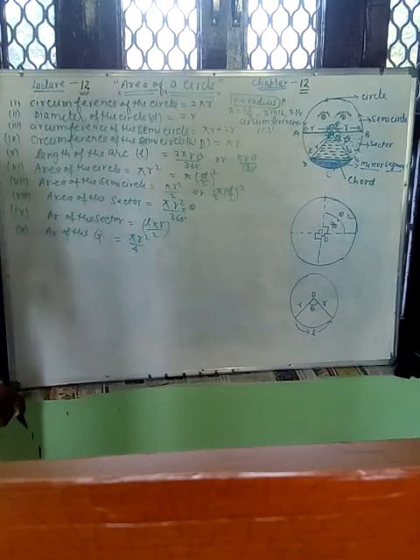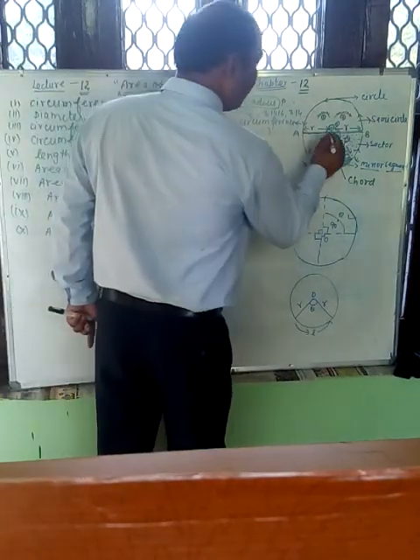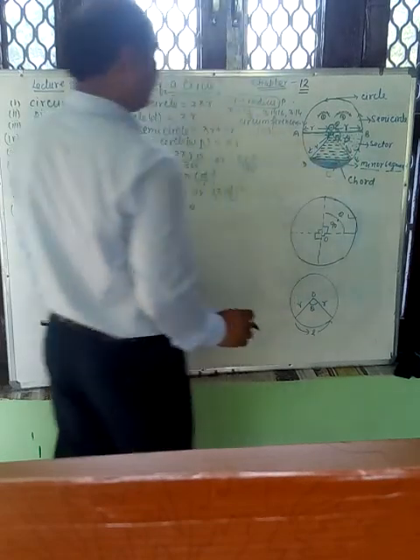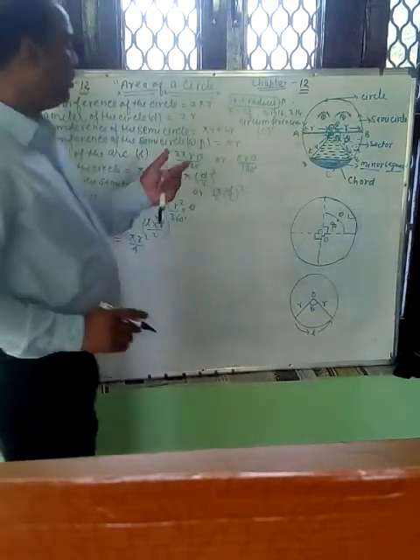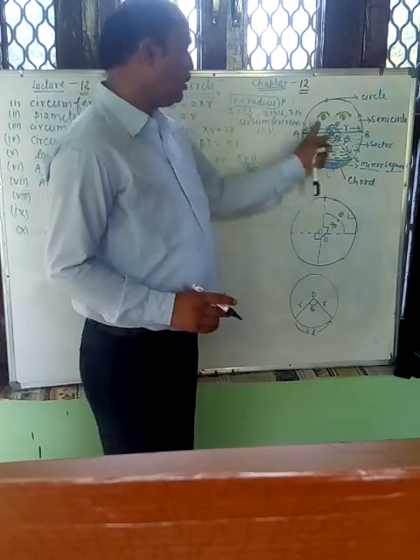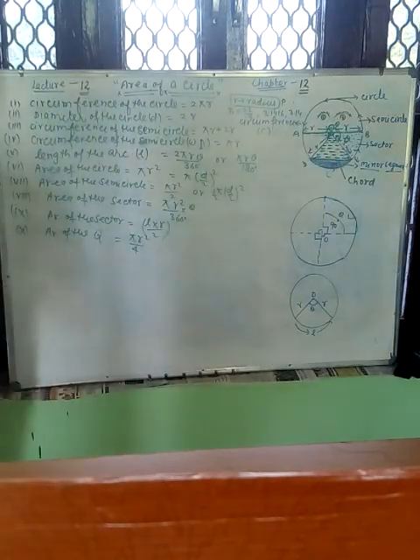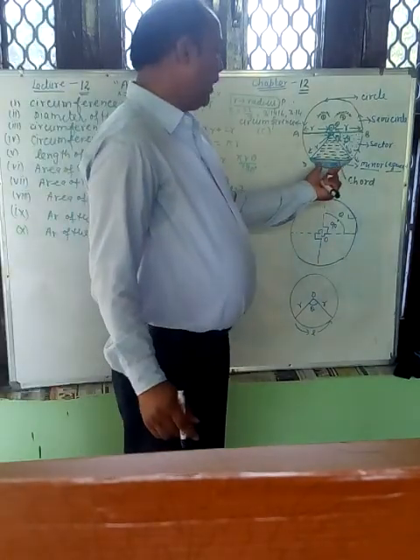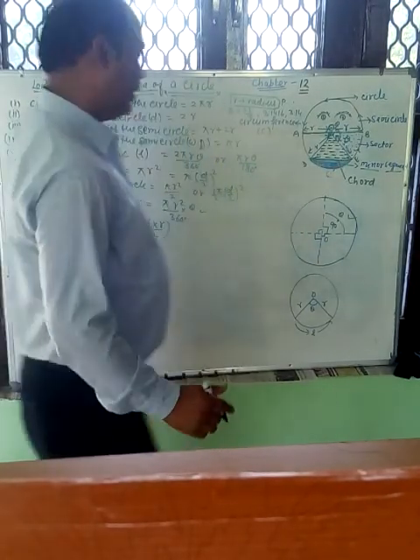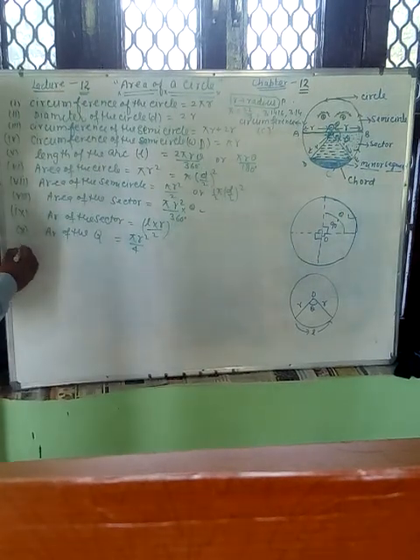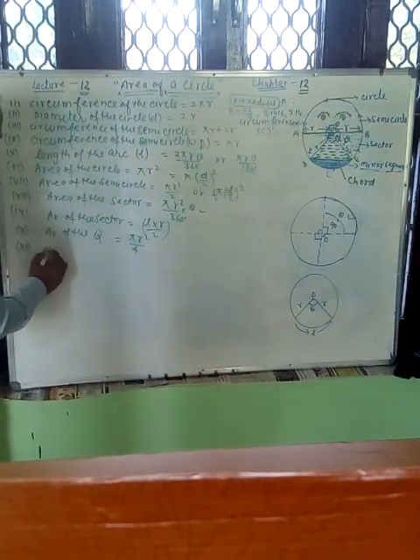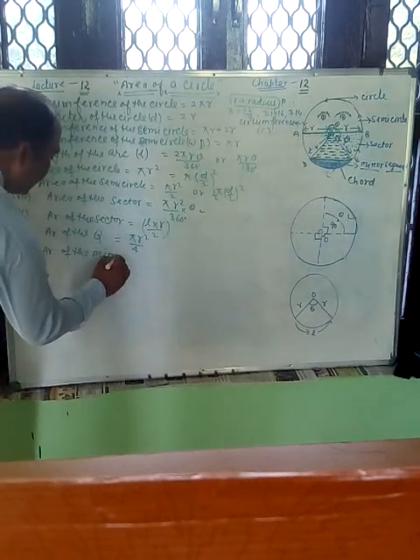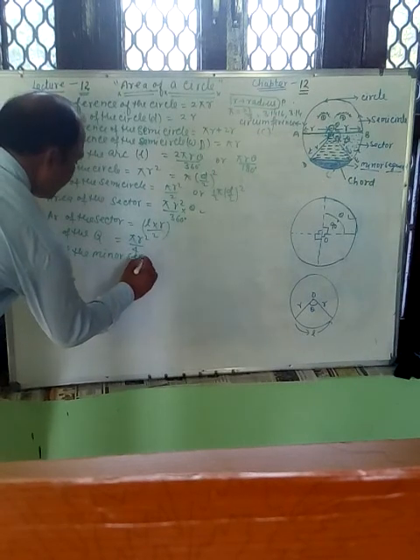Now then, area of this sector, we know, is pi r square theta upon 360 degrees. If we want to find the area of the minor segment, next is area of the minor segment.